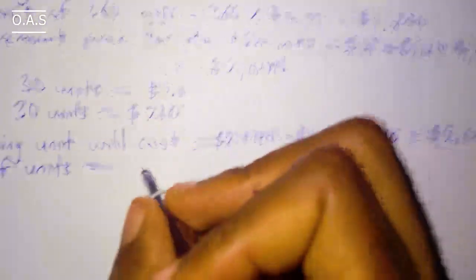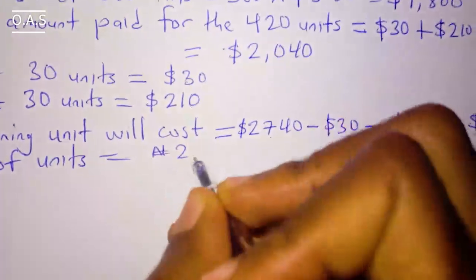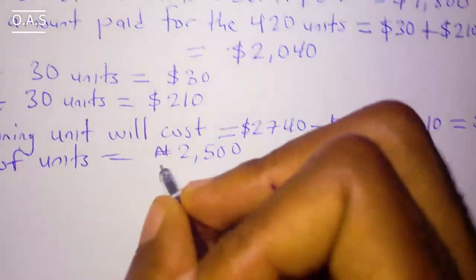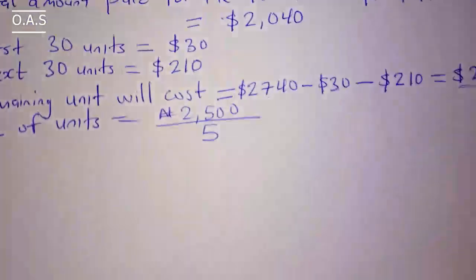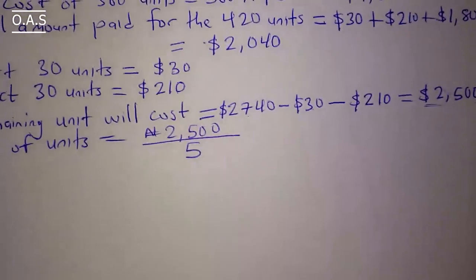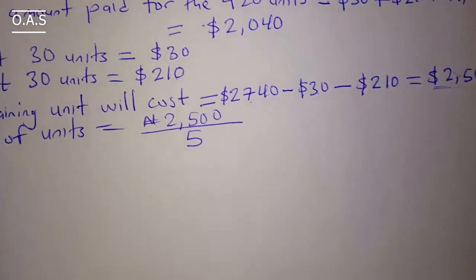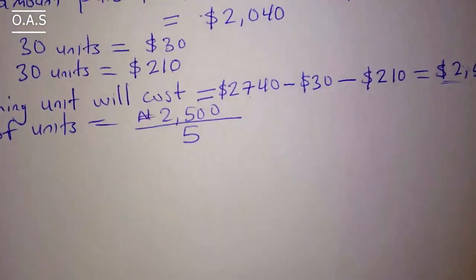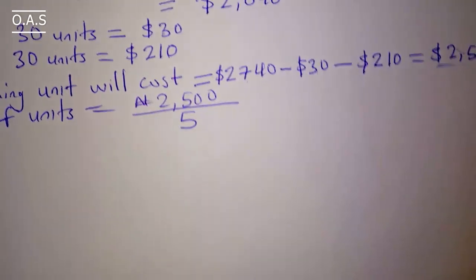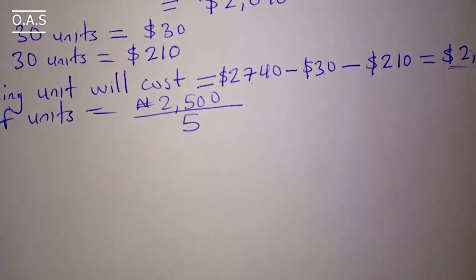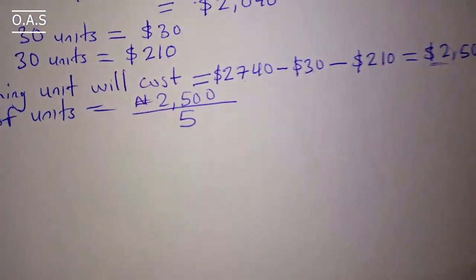that cost $2,500 will be equal to 2,500 divided by 5. It's like saying a book costs 5 naira. Then they ask you how many books will you buy for 2,500 naira. So that would be 2,500 over 5.